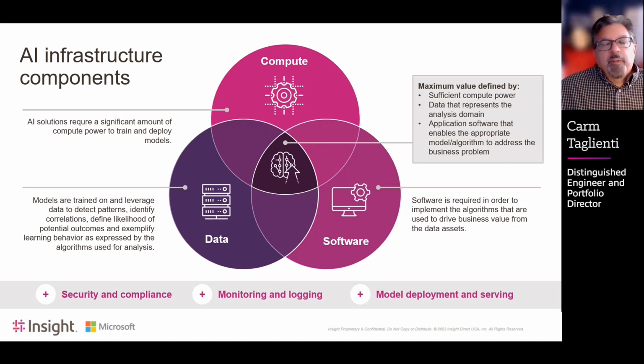We're all familiar with the questions: do I need to get a server? Do I run it on my local environment? Do I need scalability, et cetera? I'll talk about some of these things as we go. But compute is super important in terms of how we can address the compute characteristics of AI models and AI capabilities.